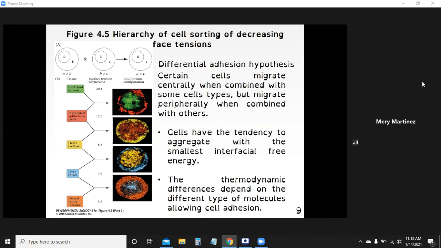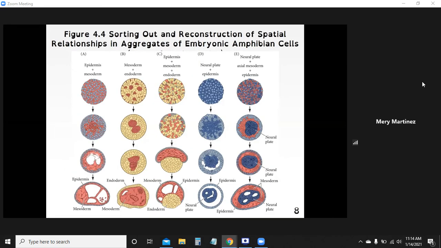Certain cells migrate centrally when combined with some cell types, but migrate peripherally when combined with others. That's what happened in this case with mesoderm and endoderm, because endoderm should have been inside and mesoderm should have been outside, in the position of an embryo. But because we didn't have the ectoderm, the mesoderm got confused.